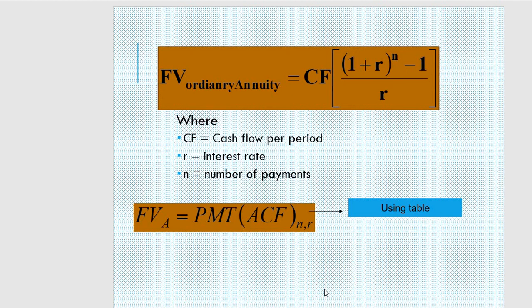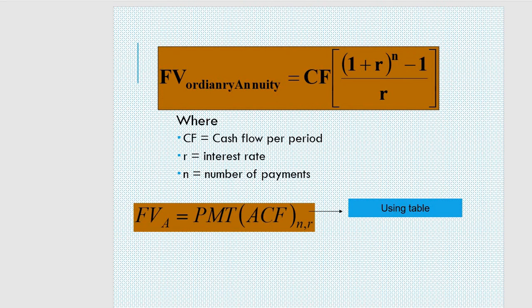Future value of an ordinary annuity is equal to the cash flows, or we normally put an A there, times 1 plus R to the power n minus 1 all over R. So 1 plus R to the power n minus 1 all over R. That is what we call the future value interest factor of an annuity.